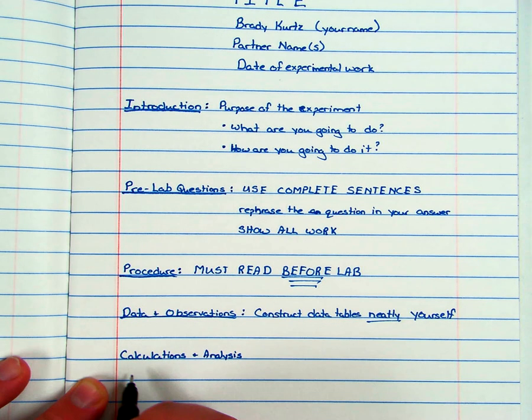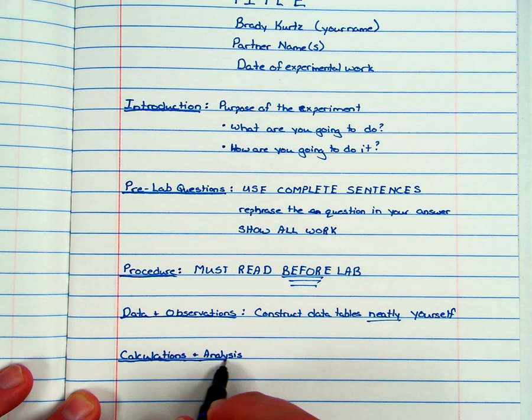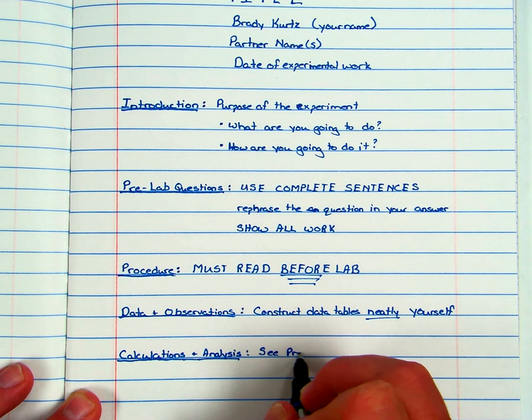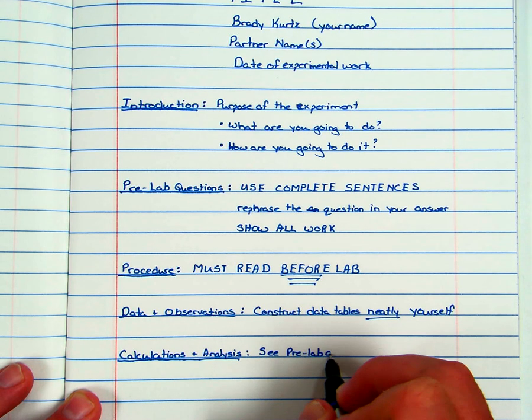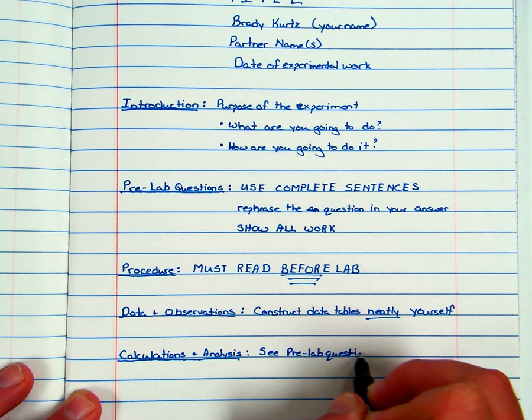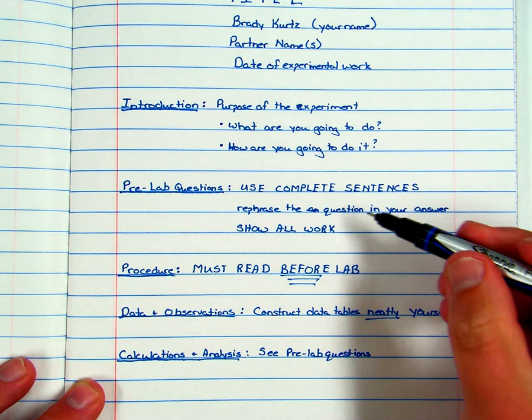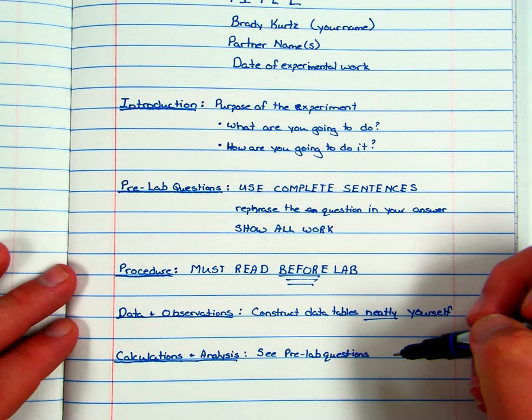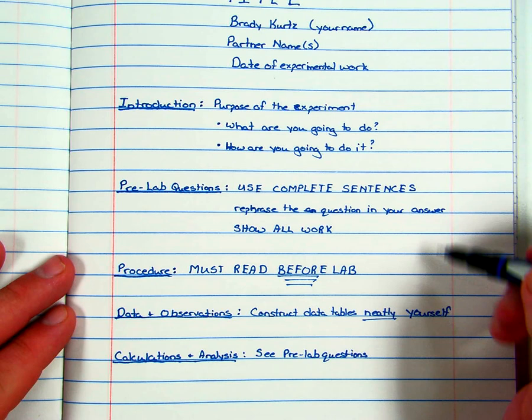If you have a calculation that you're doing, you need to show all the work. If it's a question that you're answering with a sentence or sentences, then you need to use complete sentences. You must rephrase the question in your answer.